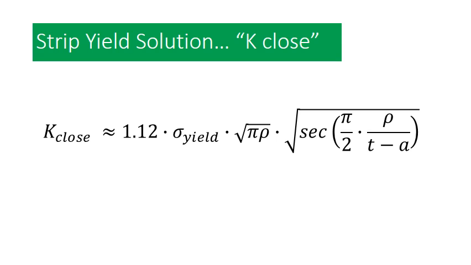Now the other option that we can look at in the strip yield solution and figuring out stress intensity factors is we can say to ourselves that within that plastic zone, we know that there is what we'll call a closing stress acting on that plastic zone, which is going to be approximated as being equal to the yield strength of the material. So what we're going to do is come up with a second stress intensity factor, the closing stress intensity factor, equal to 1.12 times the yield strength in this case, rather than the applied stress.